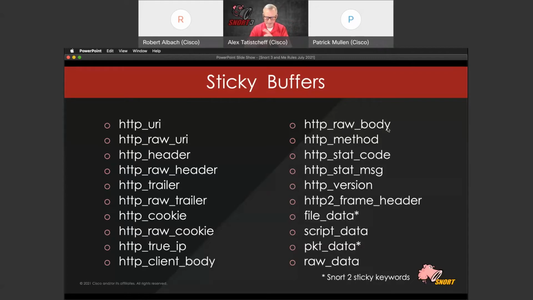I don't know if we have any rules that have packet data, but file data is a really common keyword for anything that's a response, HTTP or an SMTP response. You're going to see file data in it. It does a normalization and looks at the normalized buffer there. But there are a ton more sticky buffers now. You can see all those HTTP keywords are now sticky buffers, right? They were just content modifiers before, but now they're sticky keywords. The vast majority are HTTP, as you can see.